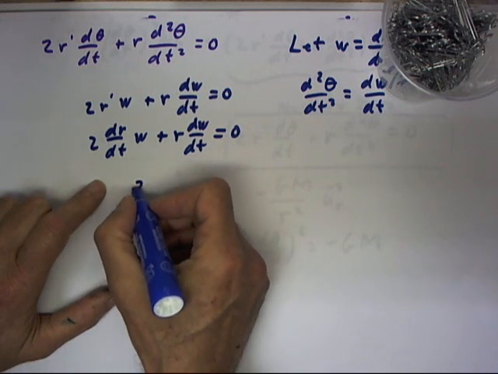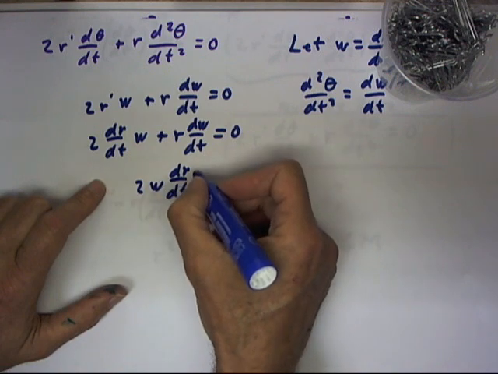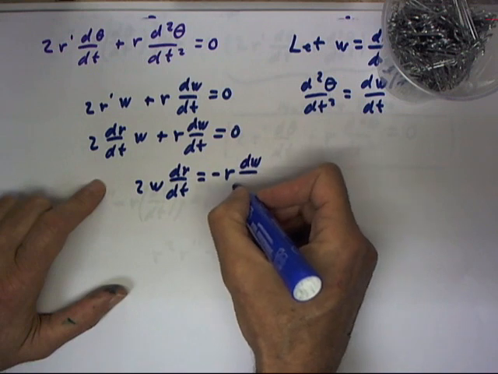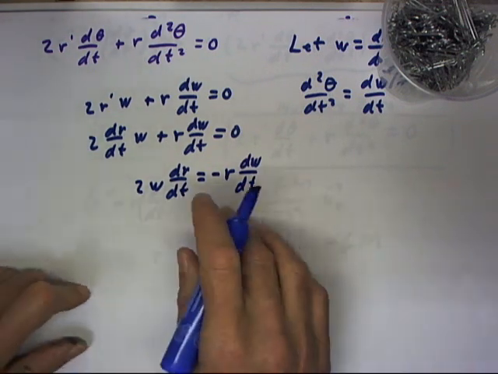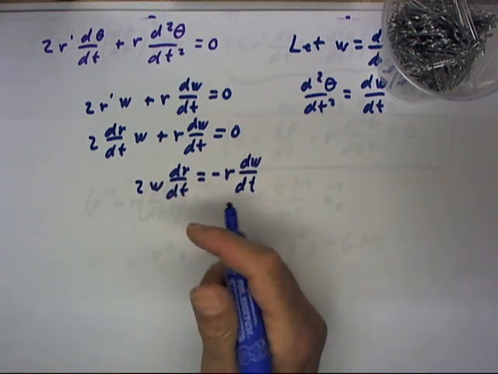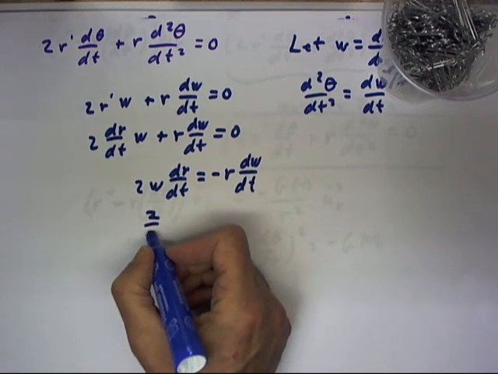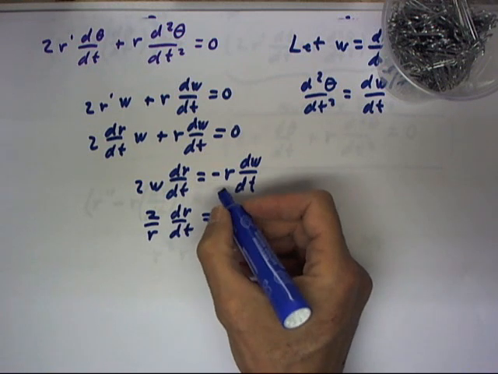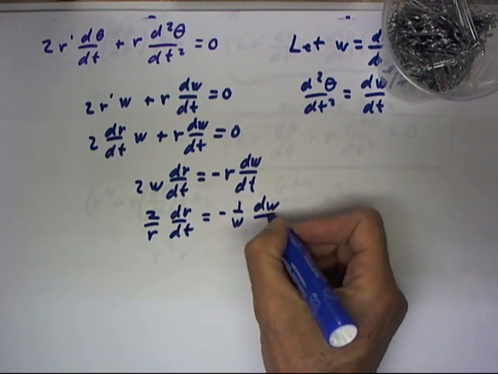We get 2w dr dt equals negative r dw dt. And then let's simply divide both sides by w and by r, and we get 2 over r times dr dt equals negative 1 over w times dw dt.